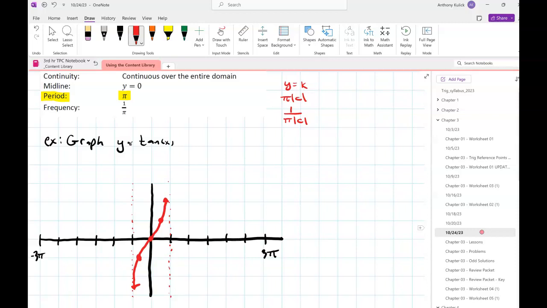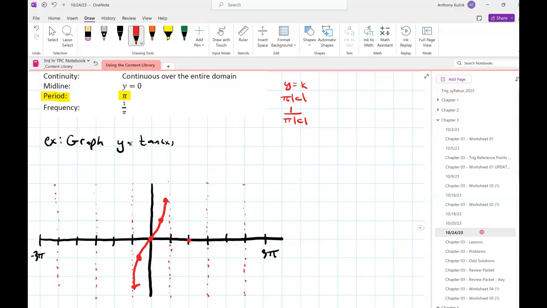So if I want to extend this graph to fill the space, looks like every other tick mark should be an asymptote. I like to draw those in first.